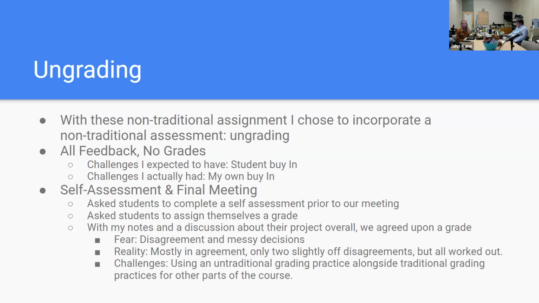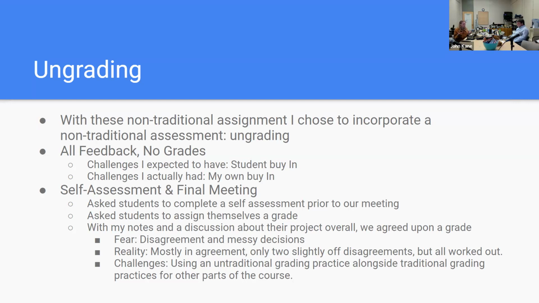Some challenges that I did have, I think this goes with any sort of hybrid grading practice, is that I was using an untraditional grading practice alongside a traditional grading practice for other assessments in the course. So in order for me to have a grade for the entire course, I had to now reconcile an ungrading practice with these other graded assessments.